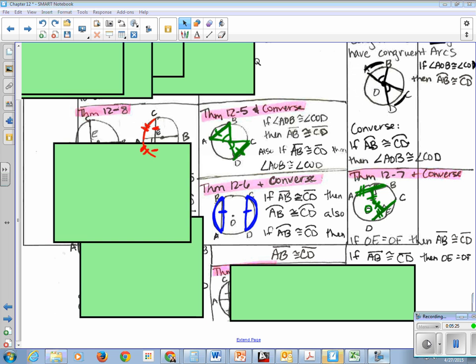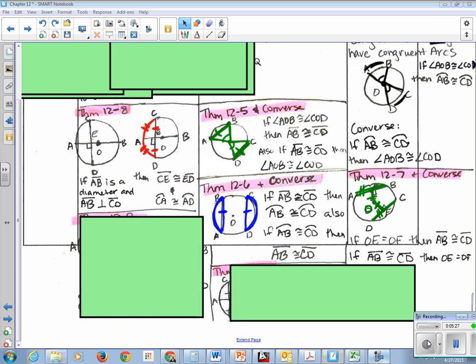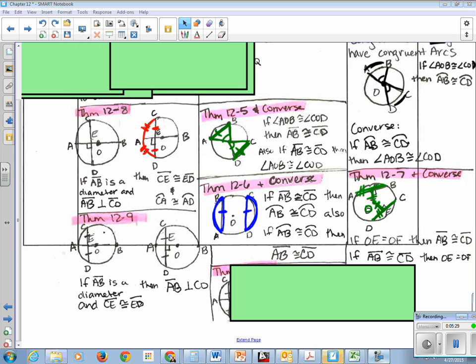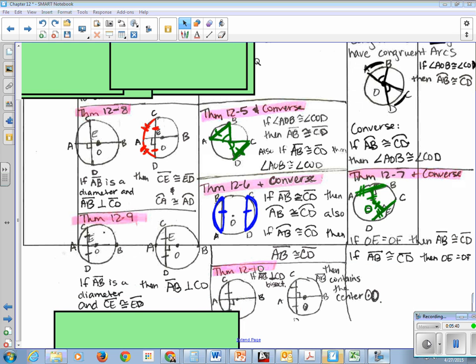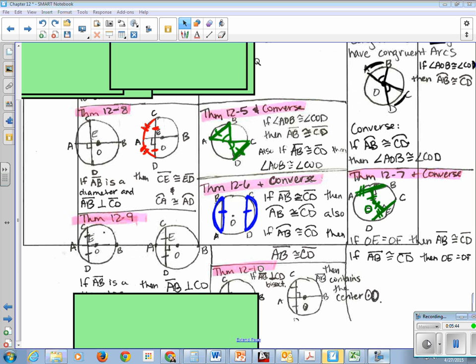Okay, 12-9. If I have the same scenario, if AB is a diameter and CE is congruent to ED, then AB is perpendicular to CD.